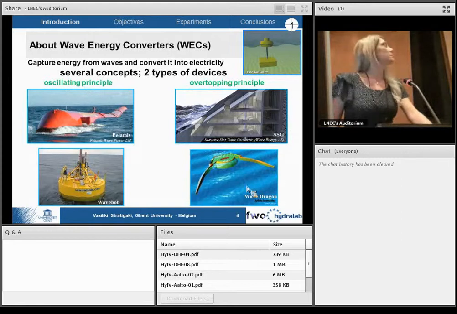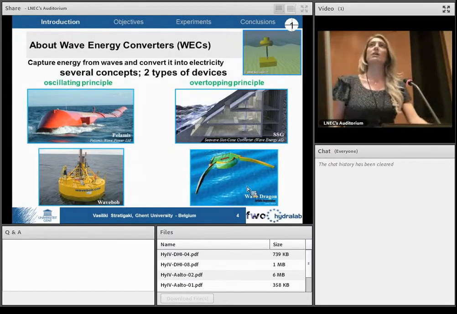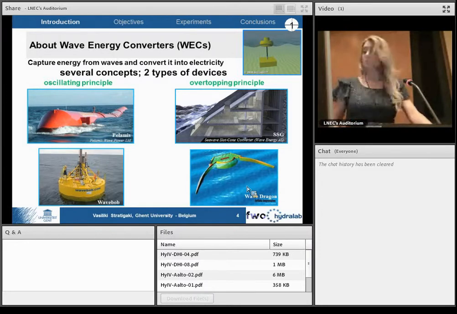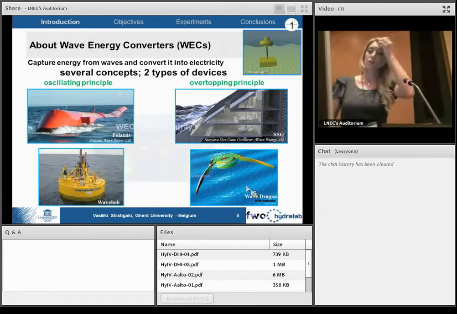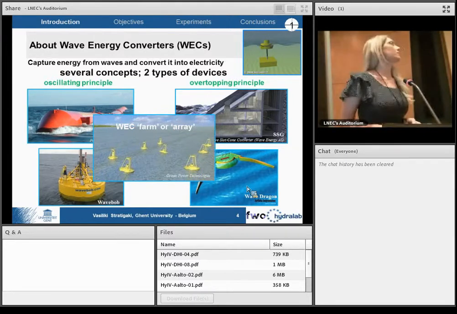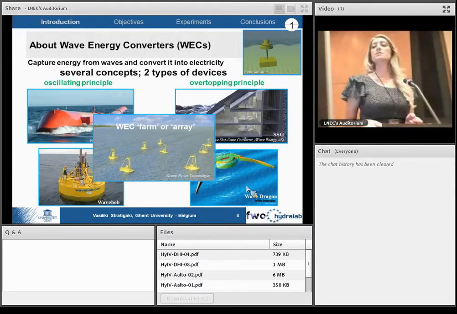Incident waves cause the response of these devices, thereby creating diffracted and radiated waveforms. And these combined waves additionally affect the neighboring devices. And these intra-array interactions are influenced by the WEC array layout, the spacing and the number of the devices, and of course the wave conditions.